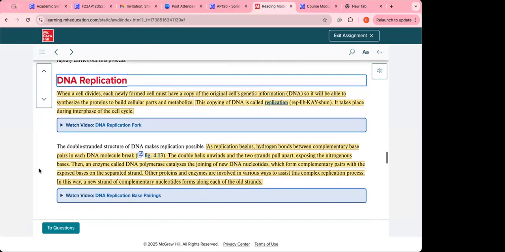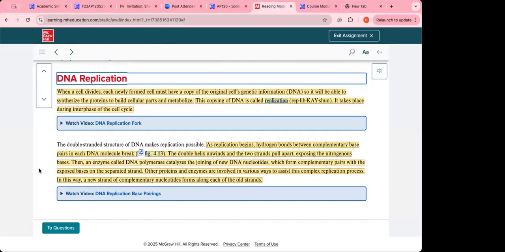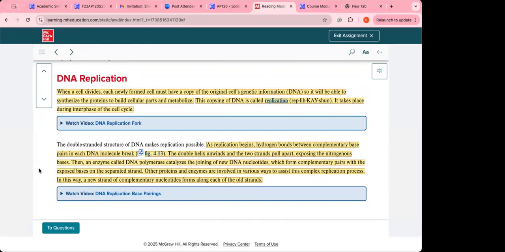Okay, in this way, a new strand of complementary... Okay, so the double-stranded structure of DNA makes replication possible. As replication begins, hydrogen bonds between complementary base pairs in each DNA molecule break.